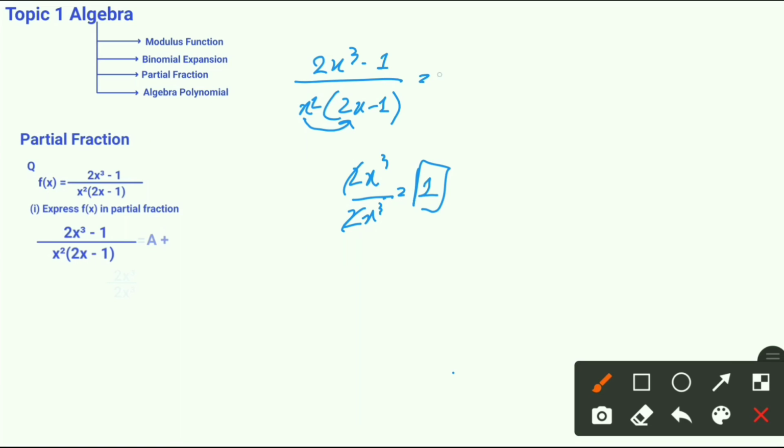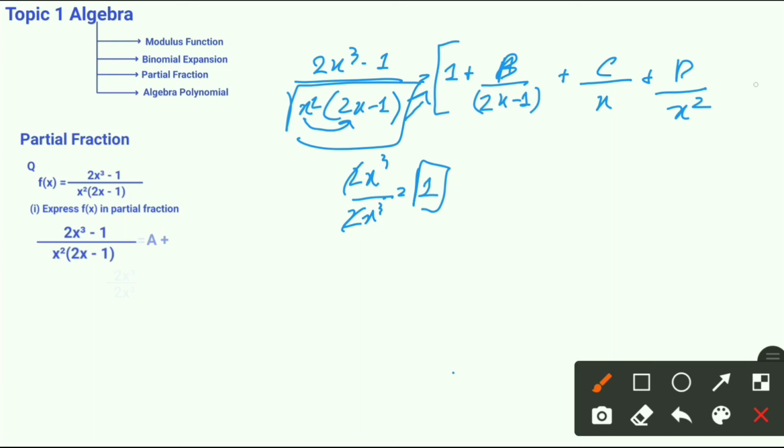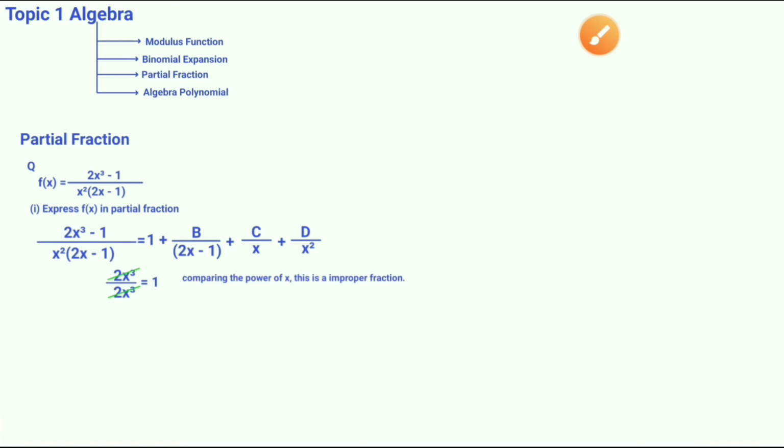So 1 plus, since the factors are repeated and linear, B upon 2x minus 1 plus C upon x plus D upon x squared. Then we're going to multiply this value to each one, just like that. So it will give an extra value. The factors are linear and repeated.